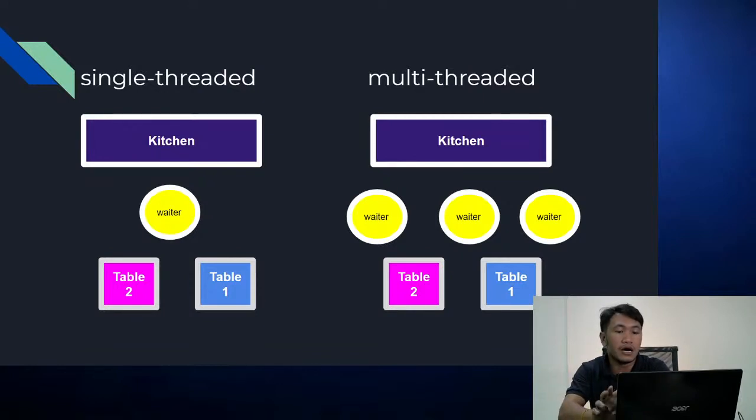In this way, the waiters could accommodate all the customers in the restaurant simultaneously, compared to the single thread, where only one waiter works for all the customers around. You see the difference between single-threaded and multi-threaded.